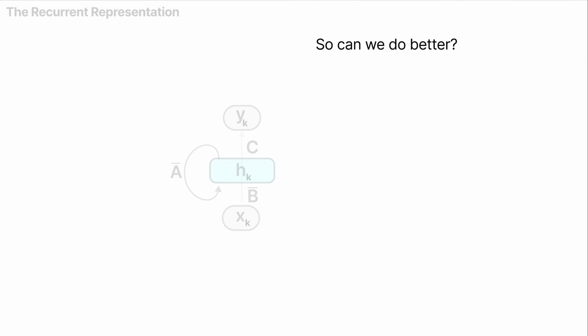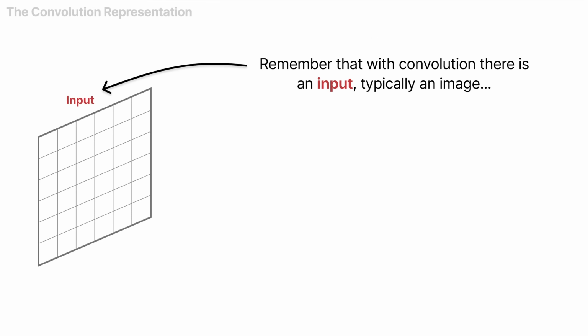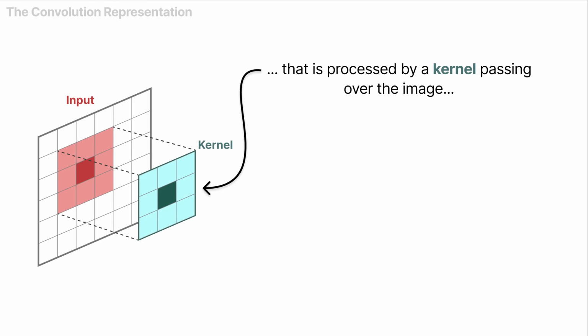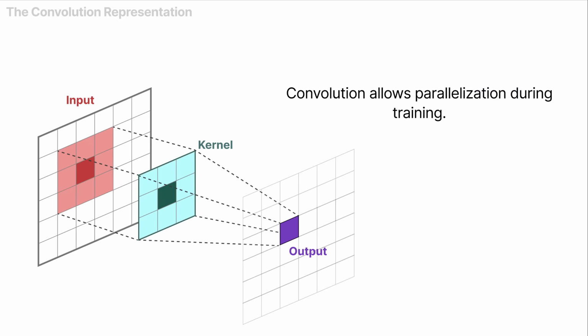So can we do better? Yes, another way to represent SSMs is through convolution. Remember that with convolution, there is an input, typically an image, that is processed by a kernel passing over the image to create a processed output. Convolution allows parallelization during training.